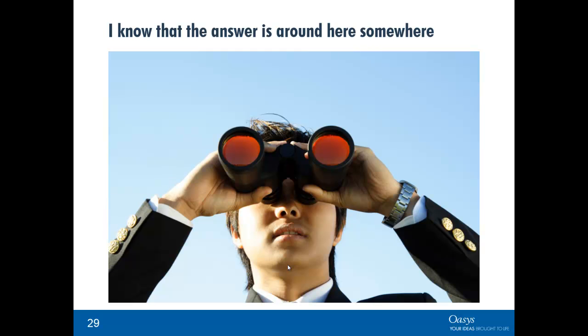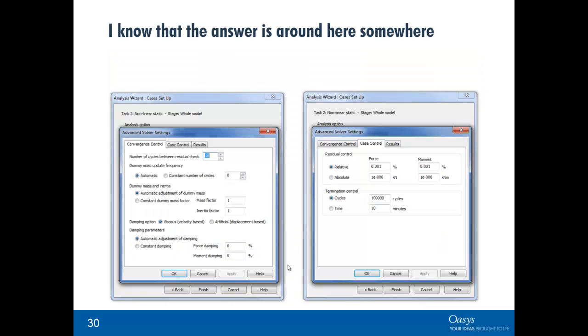Convergence. Now, there are a number of analysis options in GSA which are iterative, particularly the non-linear, static non-linear, and the raft analysis. And sometimes you need to help GSA find the answers. We do this by means of damping.